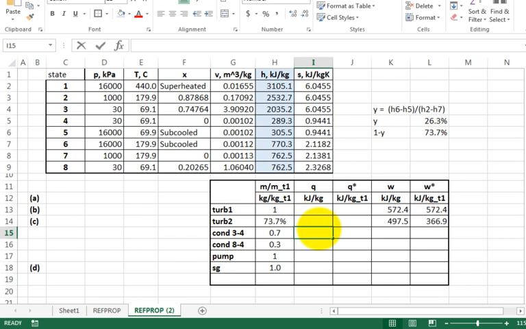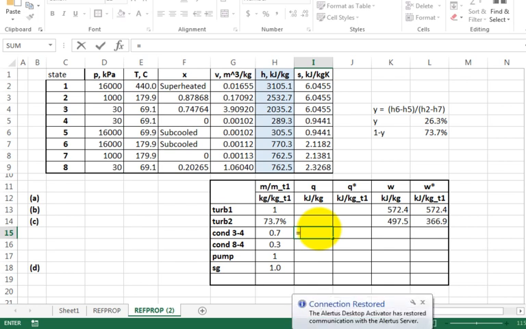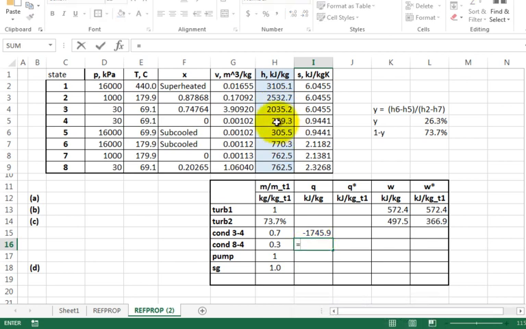Now let's jump over to the boiler. What goes through from 3 to 4, and if we want it to have the right sign, you can either add the negative sign or whatever, but you know it needs to be negative when we do the sum. So H4 minus H3. And then 8 to 4 will be H4 minus H8. There.